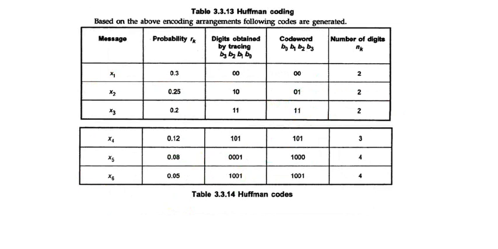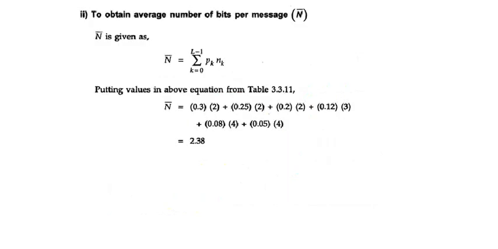Now the rest is everything same. The number of digits, that is the code word lengths, are 2, 2, 2, 3, 4, 4, and using those code word lengths and probabilities we can calculate the average code word length in bits.